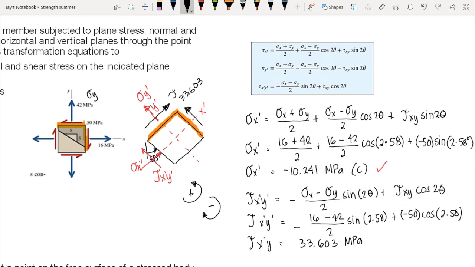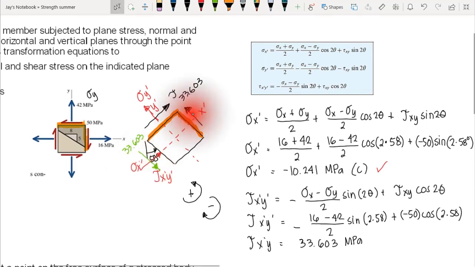Okay, so the value is 33.603. So therefore, at this side, or the opposite of this axis here, we have going downward at this side, and the value is 33.603. Okay, again, they should have the same rotation. If this one is rotating counterclockwise, so therefore its opposite side shear stress is also, or should be also, rotating counterclockwise.